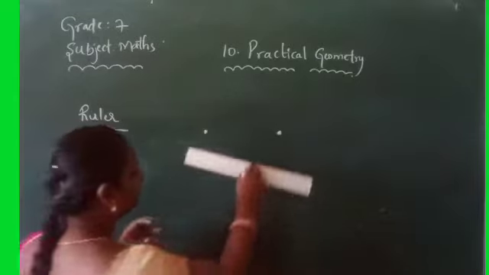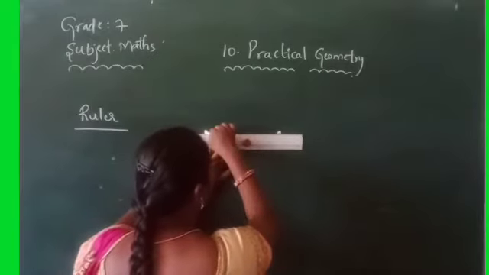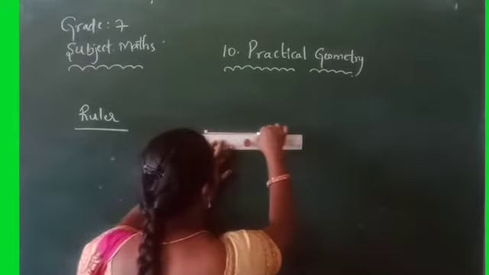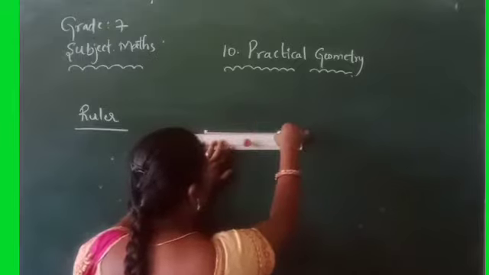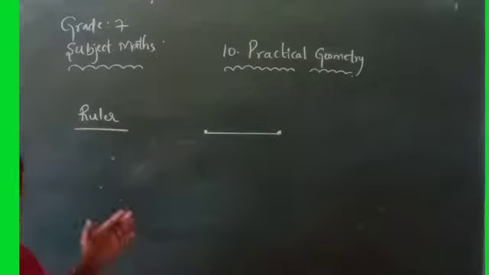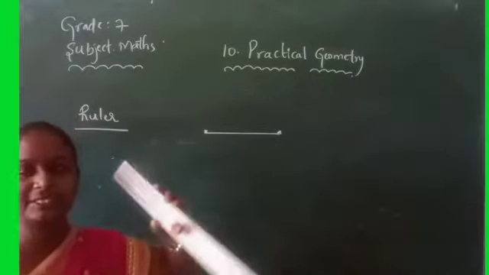With the help of this ruler, we can join the 2 points. When we join the 2 points with the help of the ruler, it forms the line segment. For that purpose, we are using this ruler.